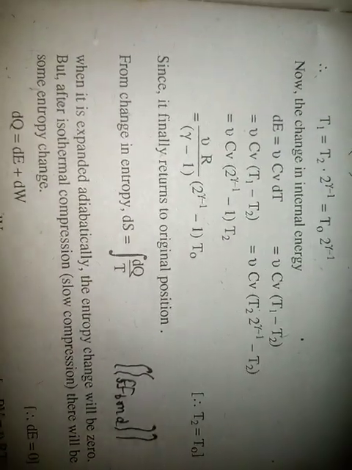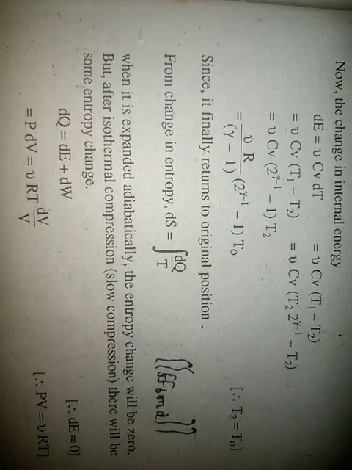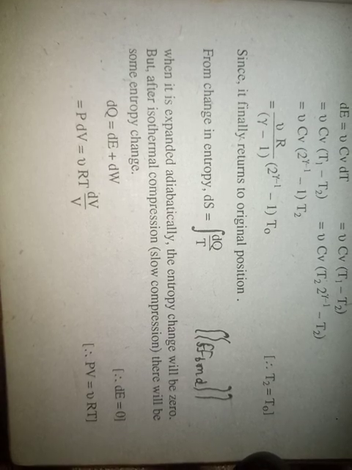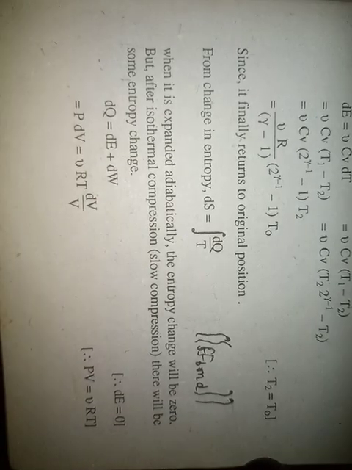Since it finally returns to the original position, consider the change in entropy dS equals integration dQ by T. When it expanded adiabatically, the entropy change will be 0, but after the isothermal slow compression, there will be some entropy change.